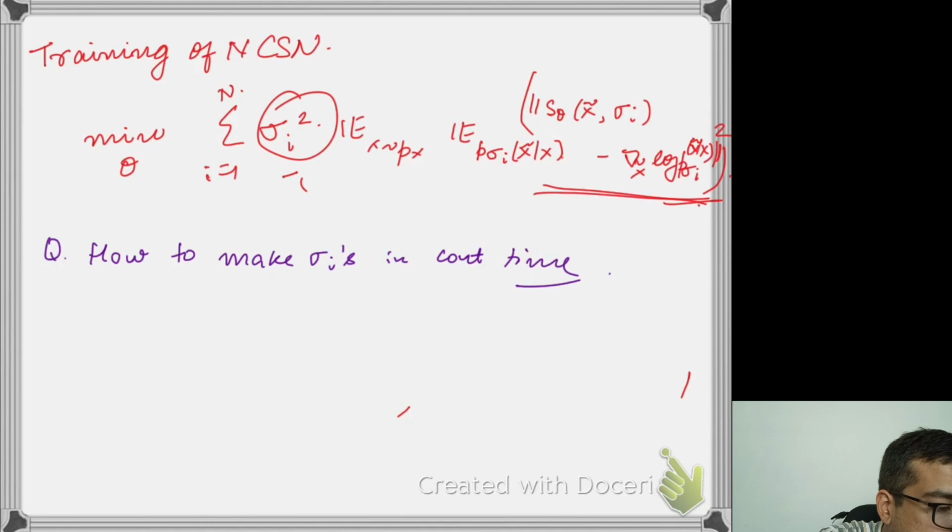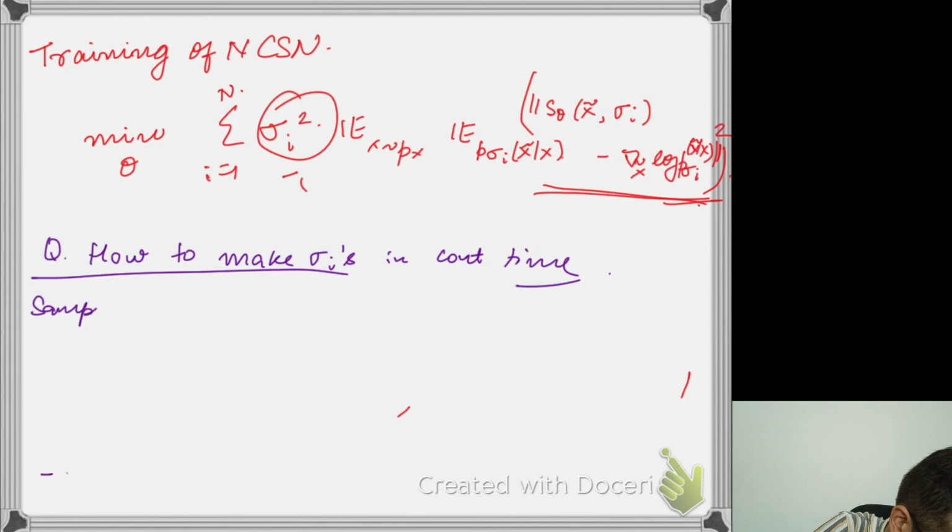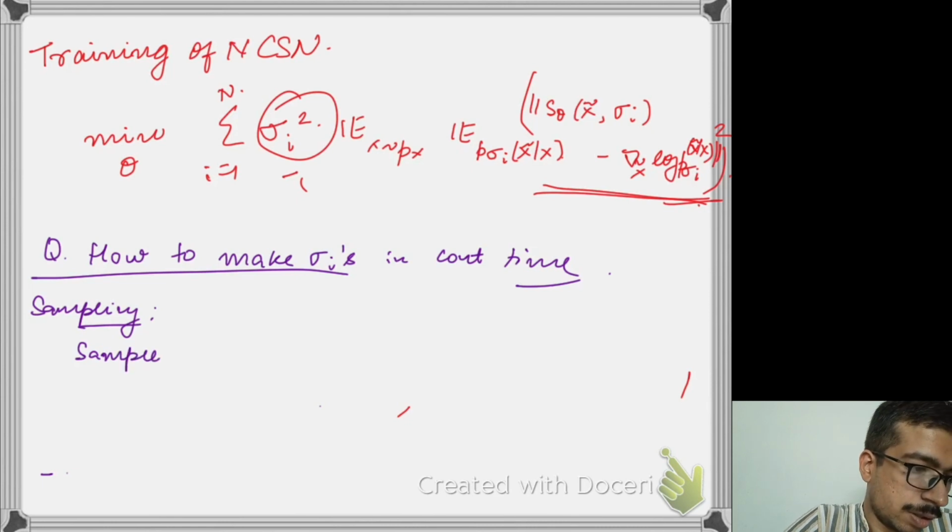So remember the sampling procedure for this. We start with x 0 and go I from 1 to n.